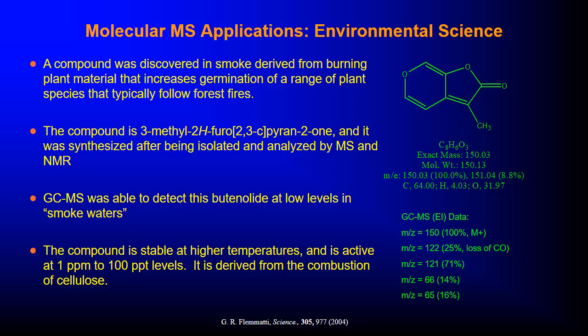Then gas chromatography mass spectrometry was able to detect this butenolide at low levels in smoke waters. The compound is stable at higher temperatures and is active at levels from 1 part per million to 100 parts per trillion. It is derived from the combustion of cellulose.